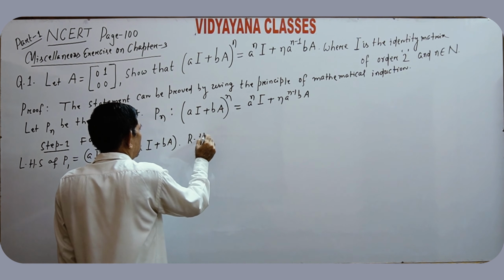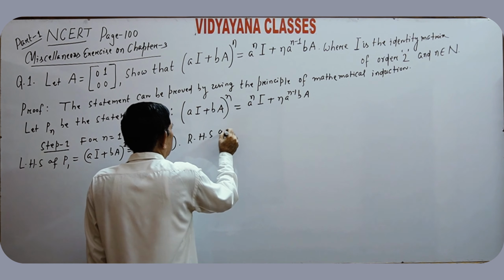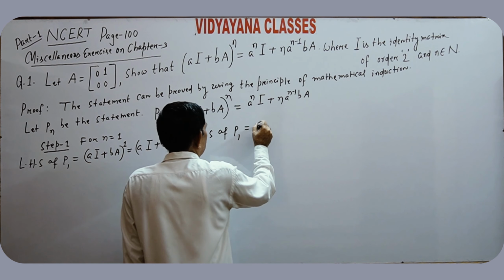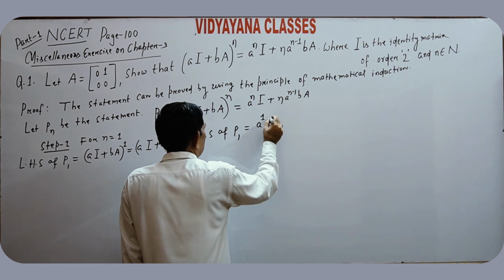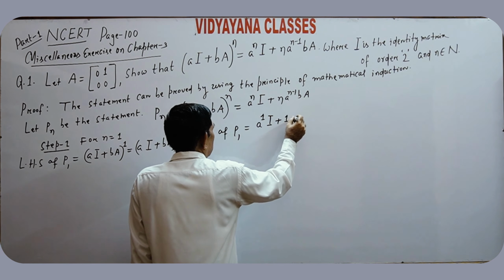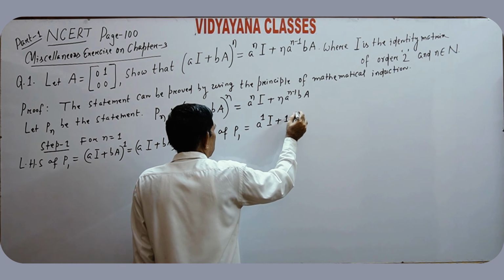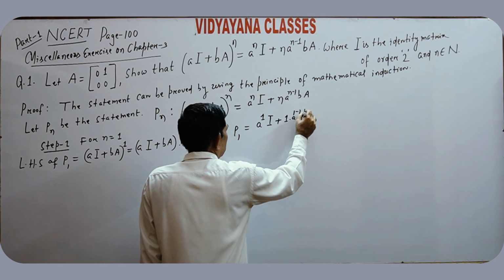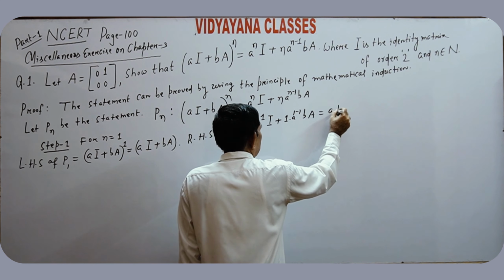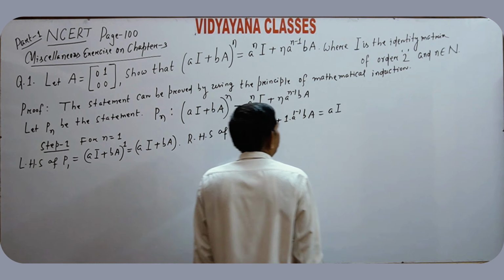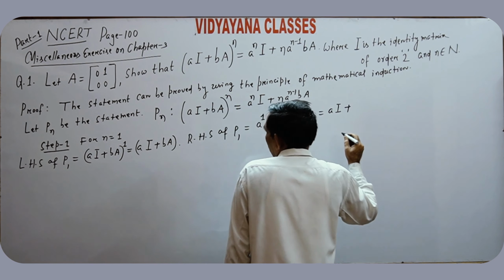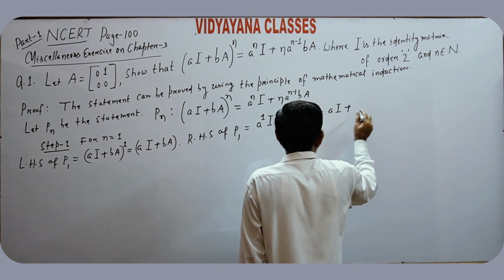Right side of P1 is equal to a to the power 1 I plus 1 into a to the power 1 minus 1, that is equal to 0, bA is equal to aI plus bA.